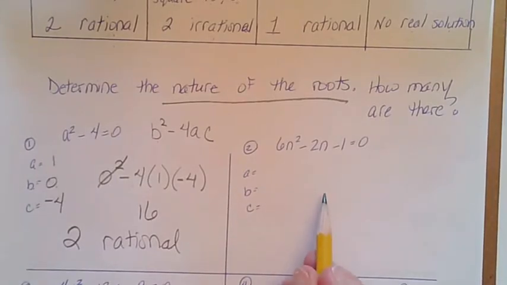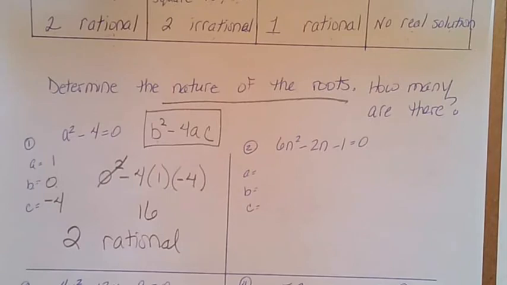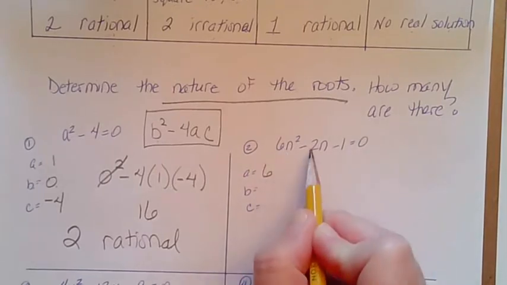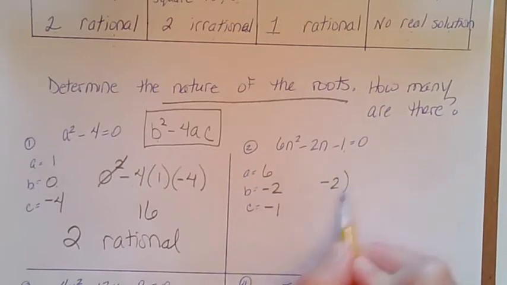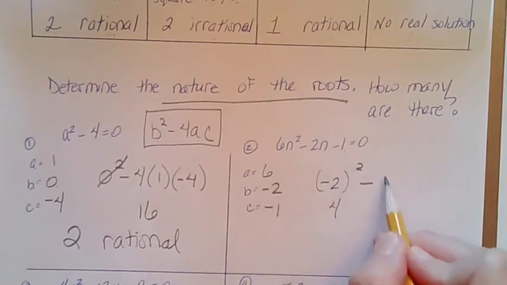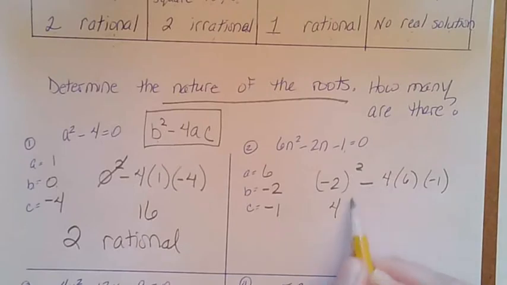Here's our next case. Remember, we're doing the b squared minus 4ac, not the whole quadratic formula. A is 6, b is negative 2, and c is negative 1. B squared is negative 2 squared, remember that's 4, minus 4 times a times this negative 1. So minus this times this times this, well that's negative 24.